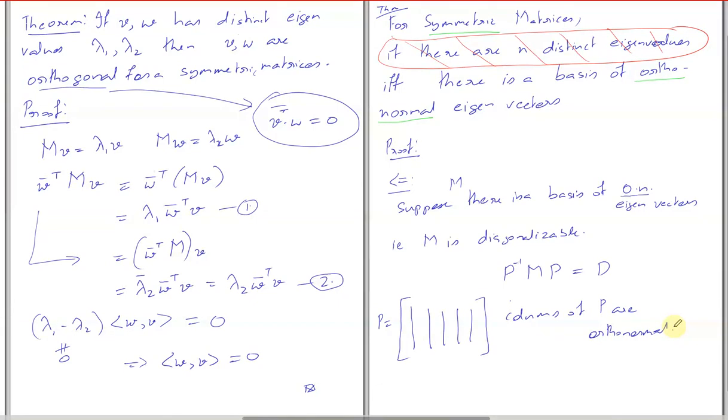I didn't quite understand that. For getting P inverse M P, you just need a basis of eigenvectors, right? Yes, but we have not just a basis of eigenvectors, we have a basis of orthonormal eigenvectors. So the change of basis transformation is from one orthonormal basis to another orthonormal basis, so the columns of that matrix have to be orthonormal.